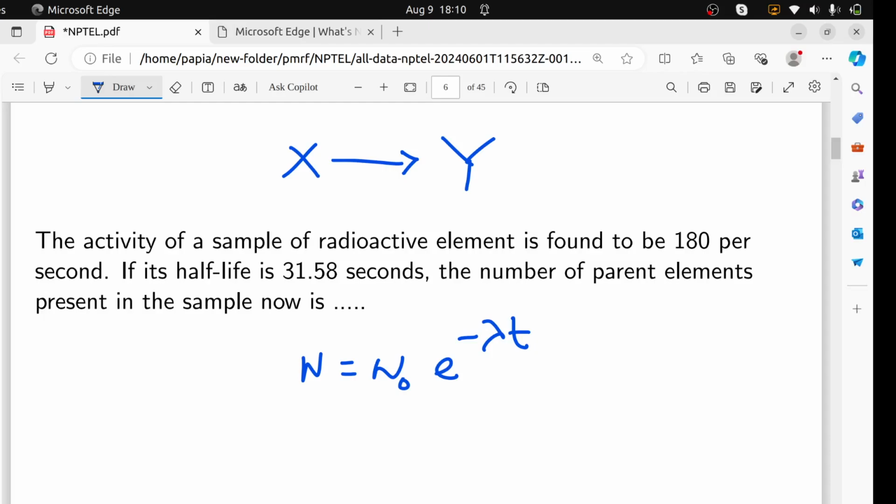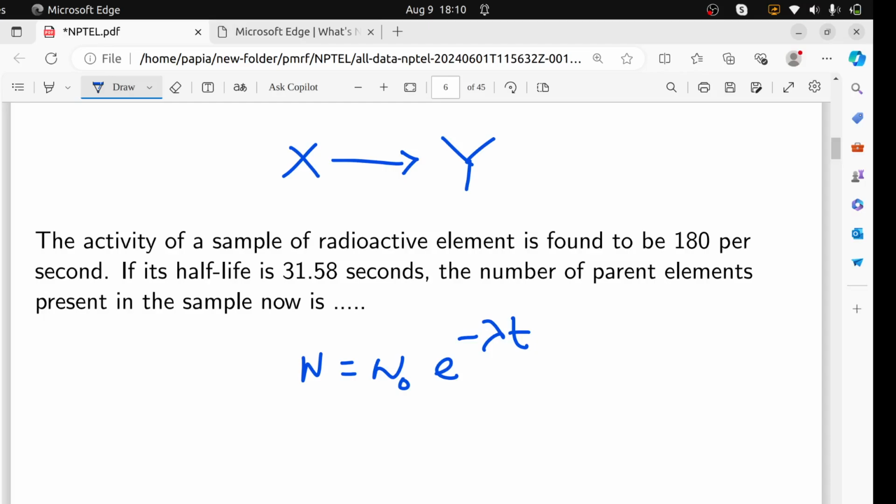Whenever a radioactive element is in the system, it will decay to another, and we calculate how many parent atoms remain at time t.